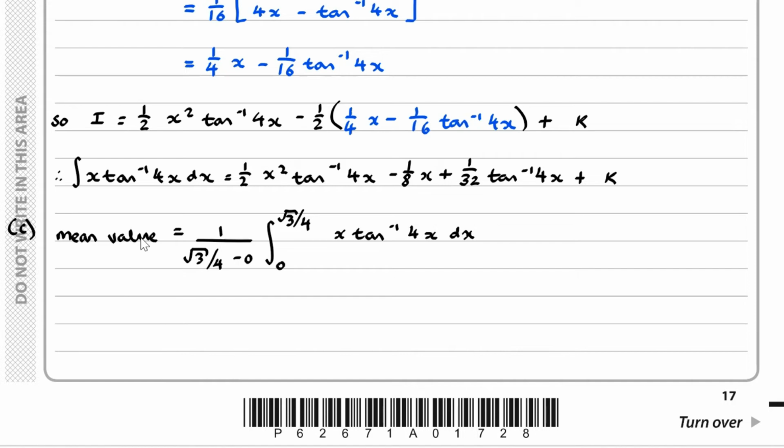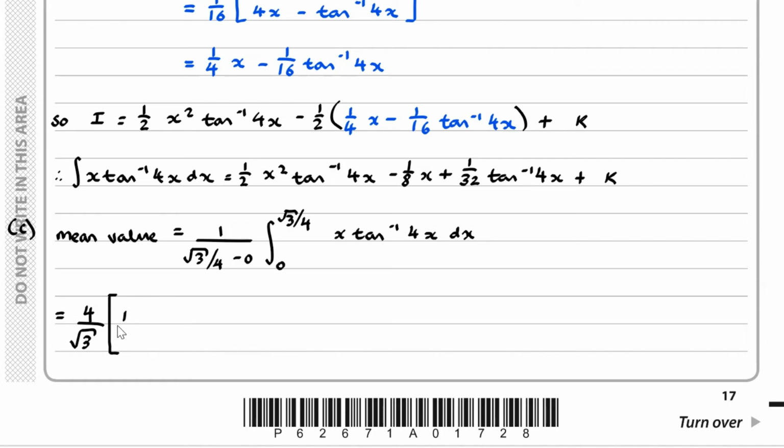So now we need to tidy all of this up. Well, we've already worked out what this integral is. So here, 1 over root 3 over 4, that's 4 over root 3. So we've got 4 over root 3 multiplied by this result over here.